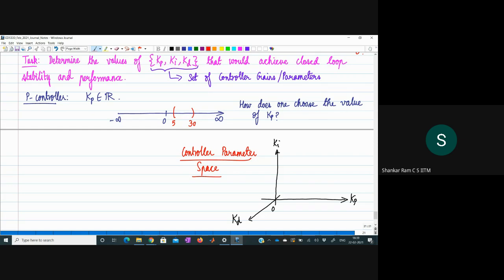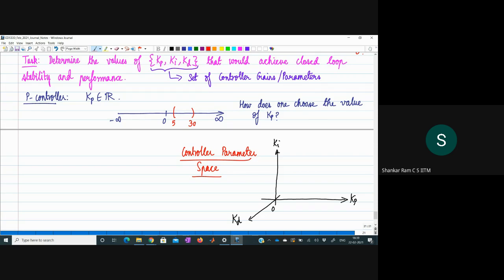Suppose I ask you to select a number between minus infinity and plus infinity for a proportional controller. Each one of us may randomly select one number. But how are we sure that the number we have selected will ensure closed loop system stability? That's what we are going to learn.